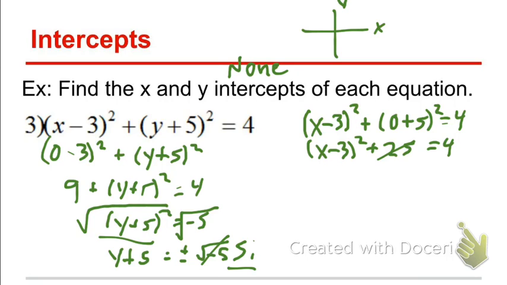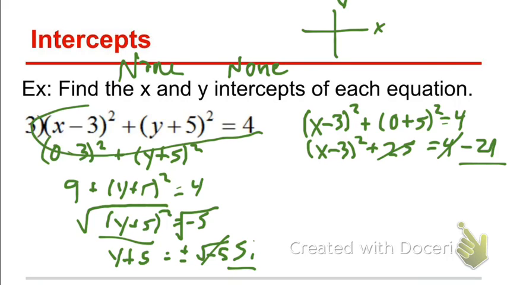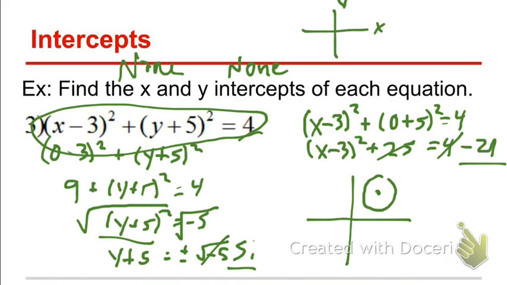When you subtract 25, you're going to get a negative 21 over here. So this graph has no x and y intercepts. How is that possible? Well, it's a circle, and it's a circle with radius 2 centered at (3, 5). So it's going to look something like this, where it never hits the x or y axis.